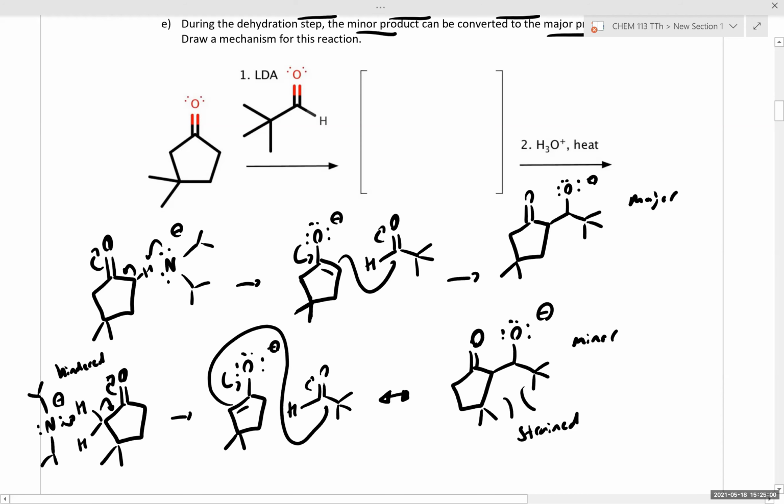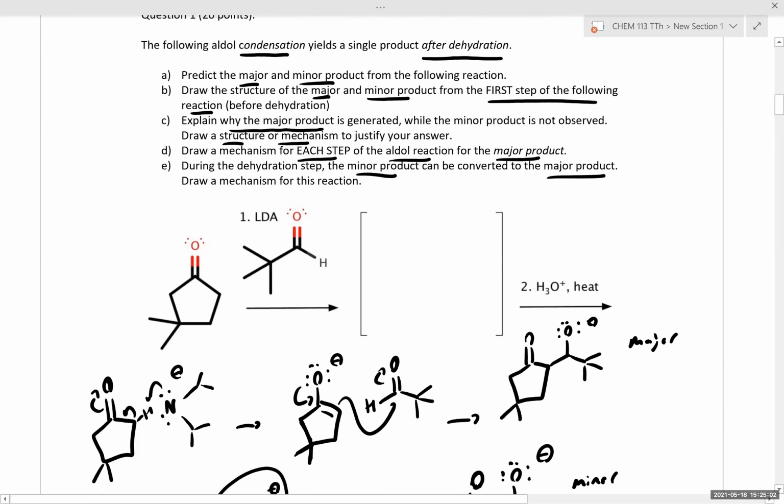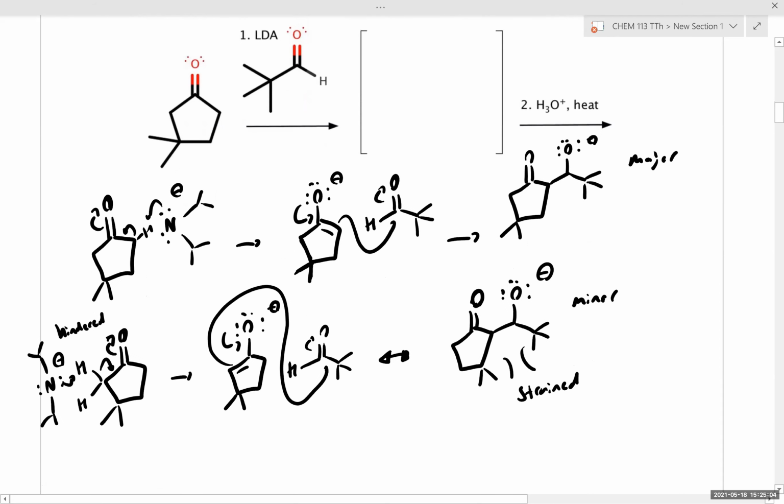So the explanation for why the major product is favored while the minor product is not observed is the major product is less strained. For our minor product, due to strain, the retroaldol is favored.